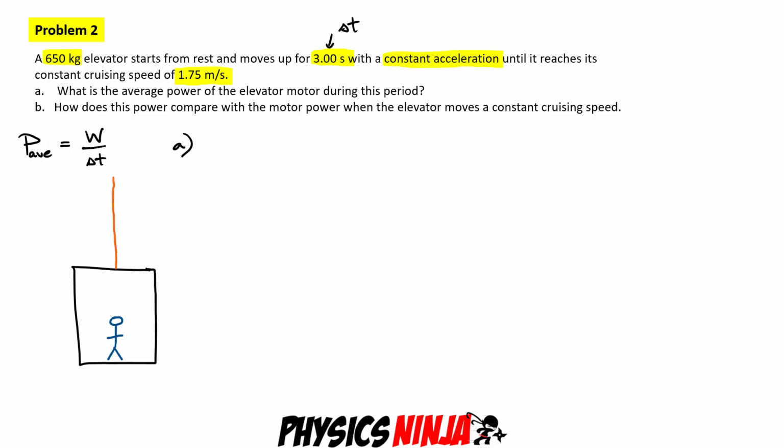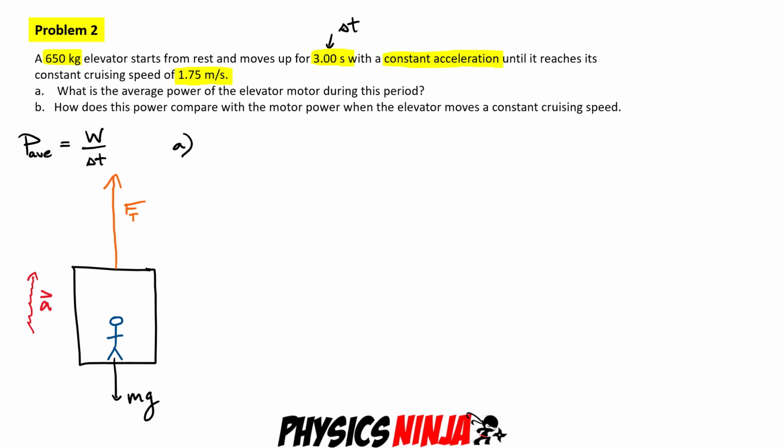First of all, here's a little sketch of what's going on here with the elevator. If I start drawing some of the forces, I have a tension force, Ft, and the weight of everything is going to be the mass of everything multiplied by little g, so 650 times little g. Now in the first part, what you have to remember is that we have some acceleration going up, which means that Ft is bigger than mg.